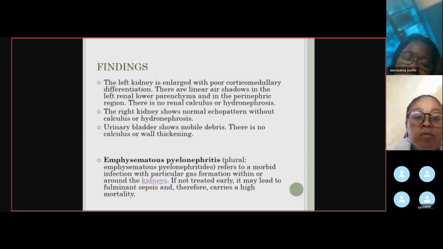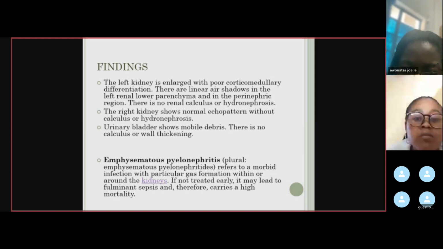So all these findings have to be seen while doing the ultrasound scan. That is the enlargement of the kidneys or the liver or the thickening of the wall of the bladder. Okay. So the finding was the patient had emphysematous pyelonephritis.